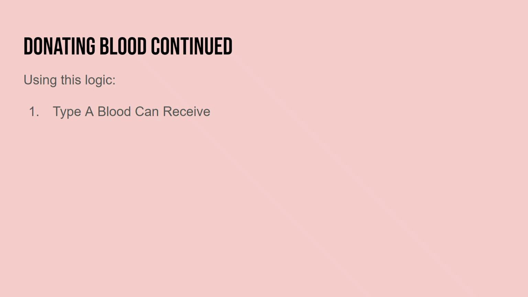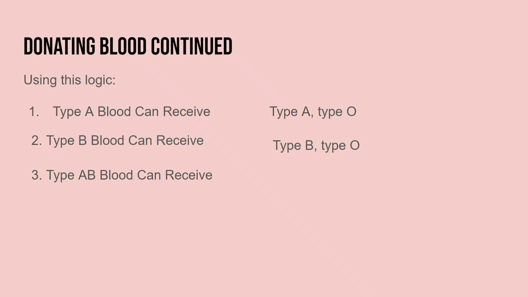Okay, so using this logic, what type of blood can type A blood receive? Does anyone know? Type A, yeah, it can receive A and then it can receive one more. Oh, yeah, and then B, yeah.